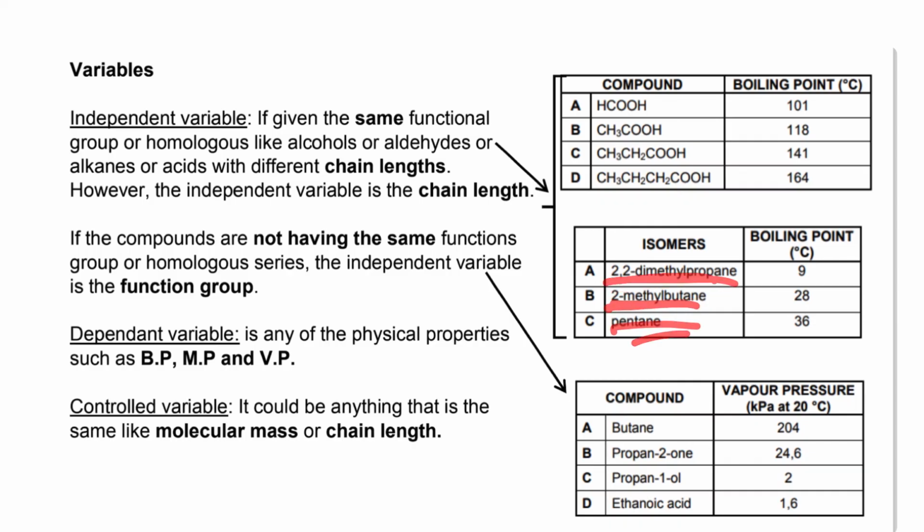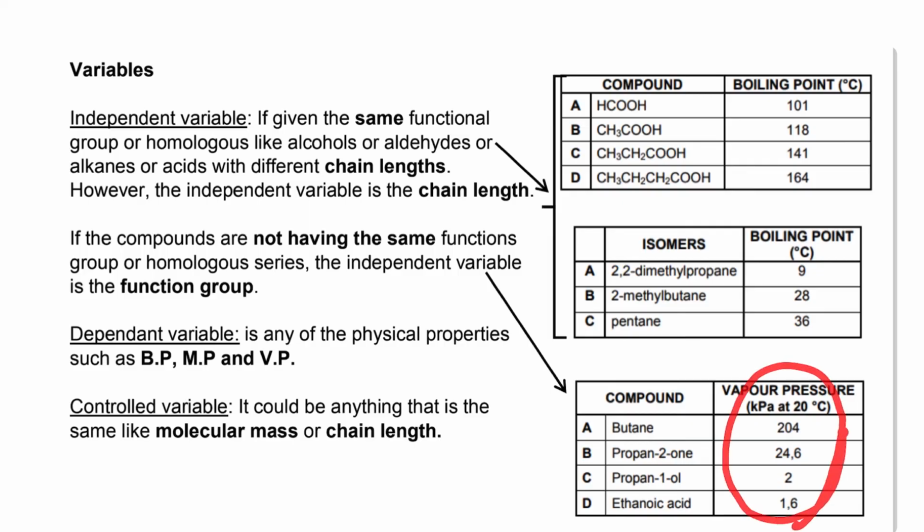same homologous series, right? Now if you look at this one, it says if the compounds do not have the same functional group or homologous series, the independent variable is the functional group. If you look here, this is an alkane and a ketone, an alcohol, and an acid. So what makes them different? That is the independent variable. So the independent variable here is the functional group or the homologous series, right?